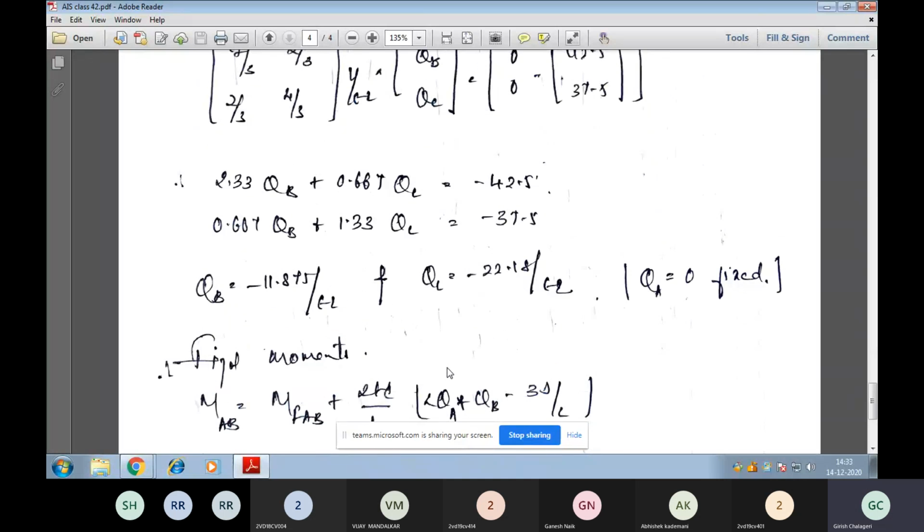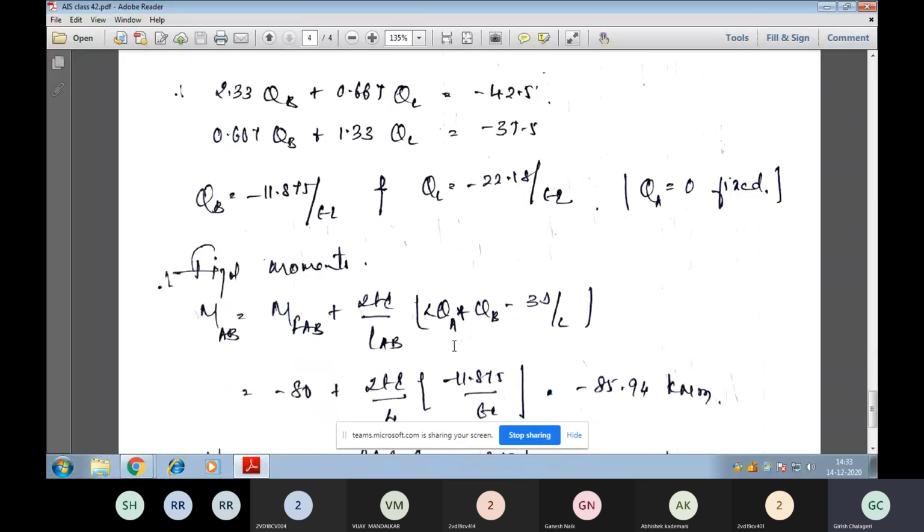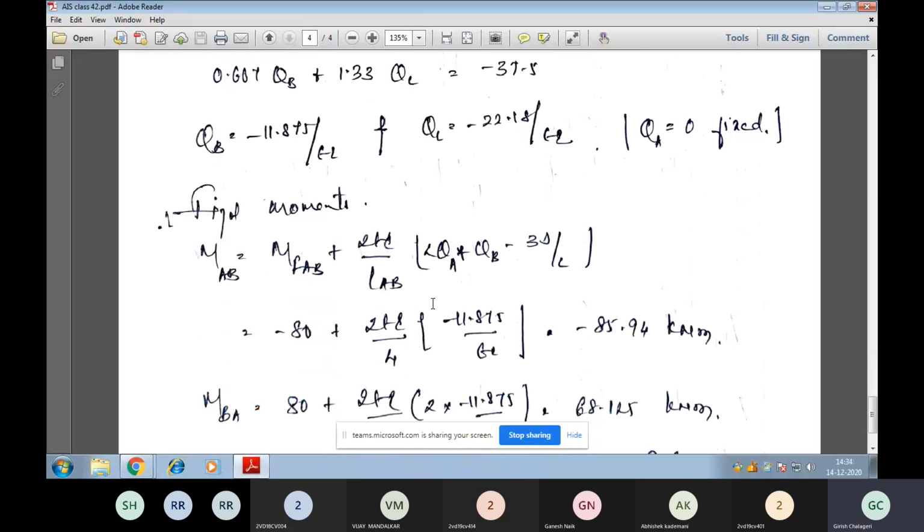Once you know the rotations at both joints B and C, and the rotation at the other end is 0, we can find the final moments by substituting these in the slope deflection equation. You can see what our slope deflection equation is here.